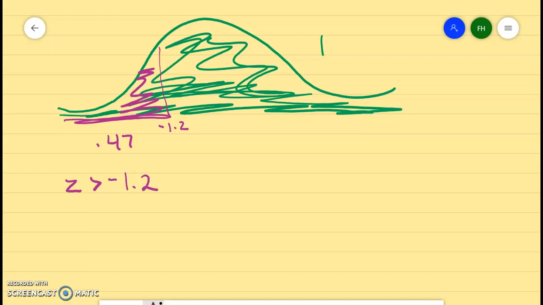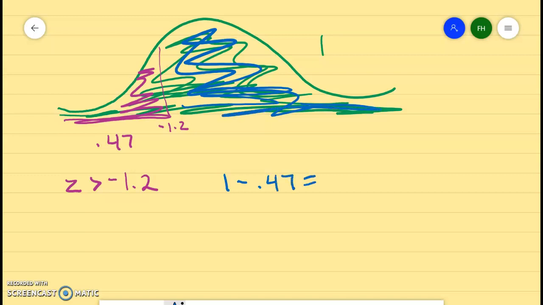So how would you find out how much this side is? What you can do is use the complement rule, where you take 1 and subtract the side that you don't want to know to get the other side, because we know the sides add up to 1.